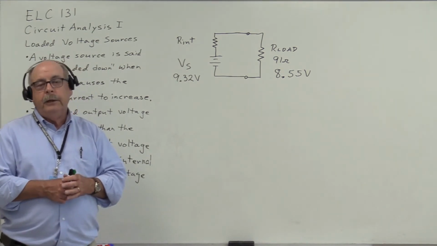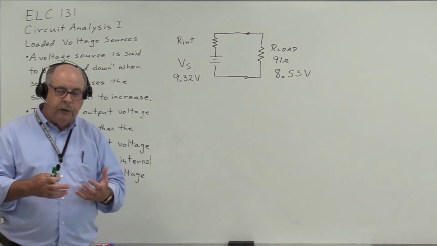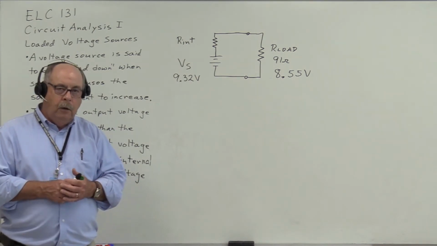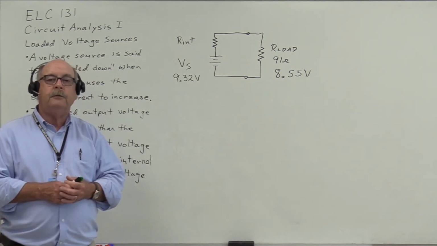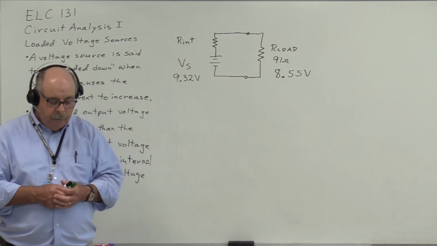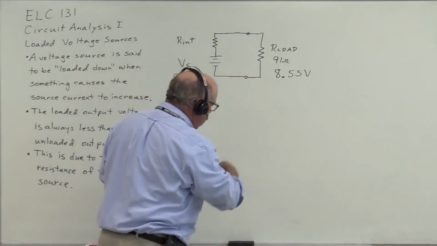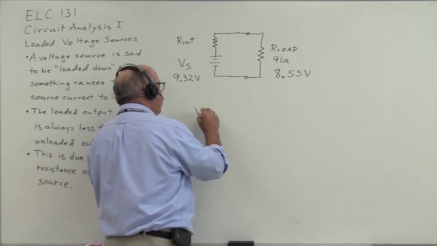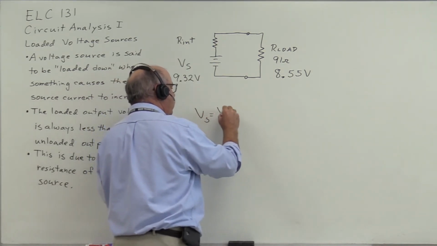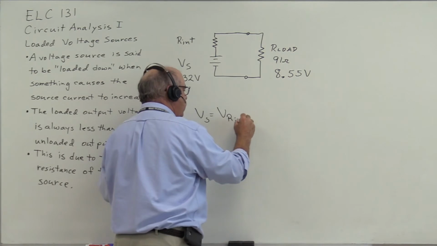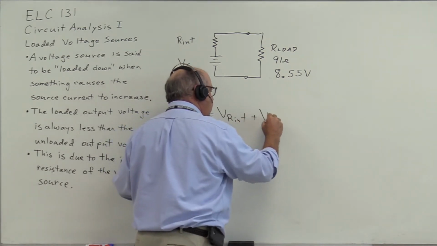And all we really need to make use of are Ohm's law and Kirchhoff's voltage law. We know that in this closed loop, V source has to equal V R internal plus V load.